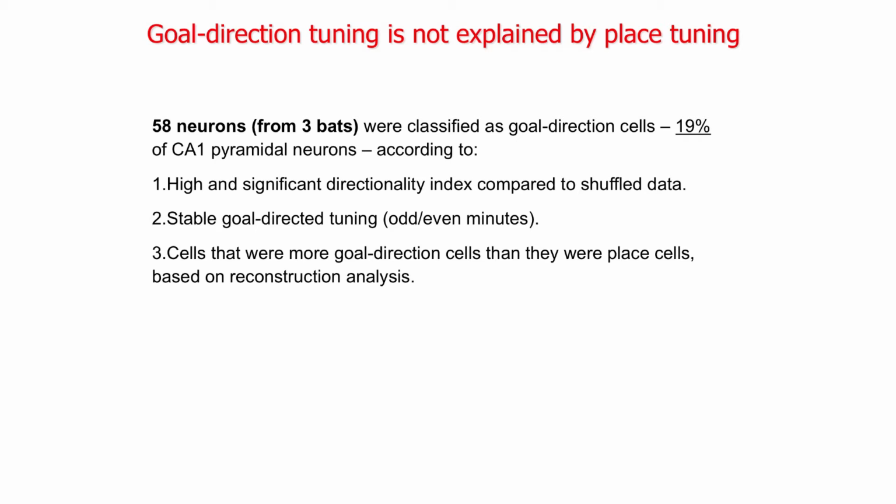And they're defined by a high and significant directionality compared to shuffle data, and stable goal direction tuning. We did a similar reconstruction analysis to what we just heard in the previous talk, where we assume that the neuron is a pure place cell, and ask how much that can explain the goal direction tuning, or vice versa. So we require for it to be defined as a goal direction cell that it's better explained by the goal direction tuning.